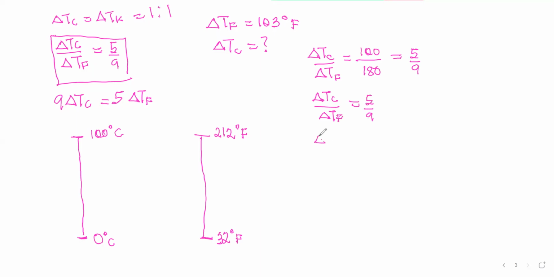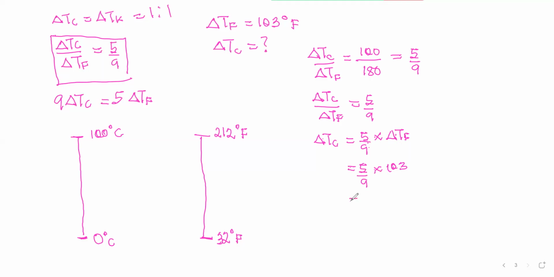Therefore, delta TC would be equal to 5/9 times delta TF. So what is that change in Fahrenheit given? 103. So 5/9 times 103.